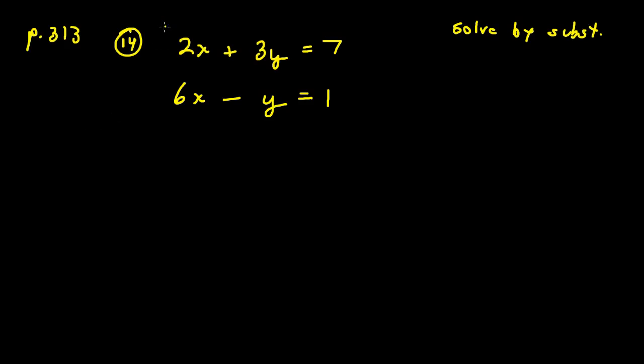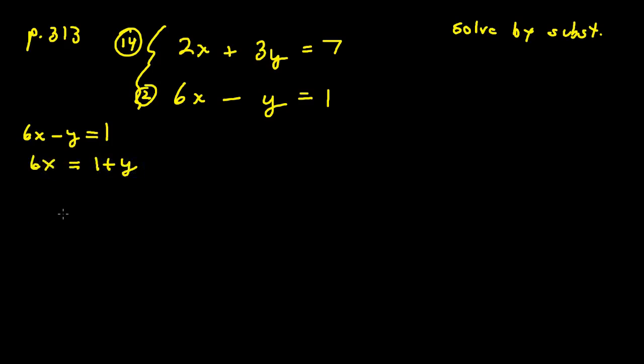All right, I'm looking at these two equations, and I think the second equation begs to be solved for y. We can solve for y here pretty easily. I'll take equation 2 aside. I'll say 6x minus y equals 1. Well, I can add y to both sides.